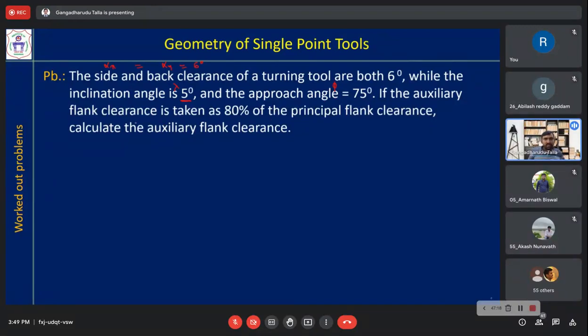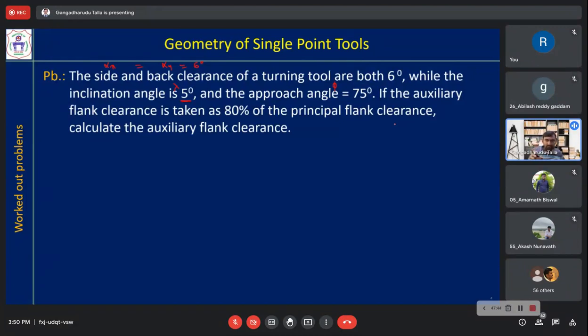If the auxiliary flank clearance is taken as 80% of the principal flank clearance, what does it mean?